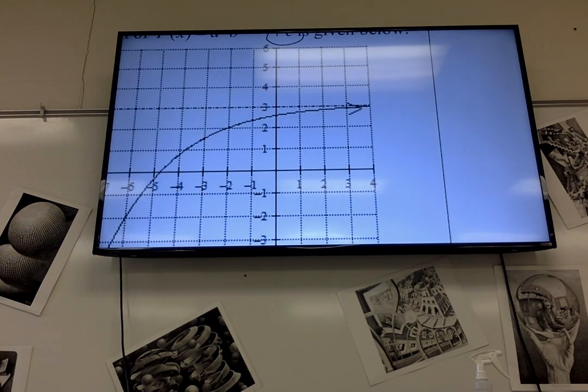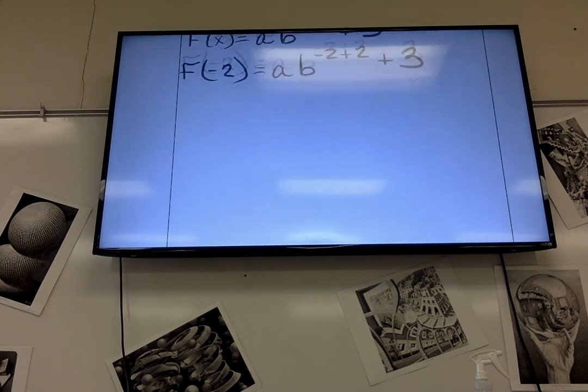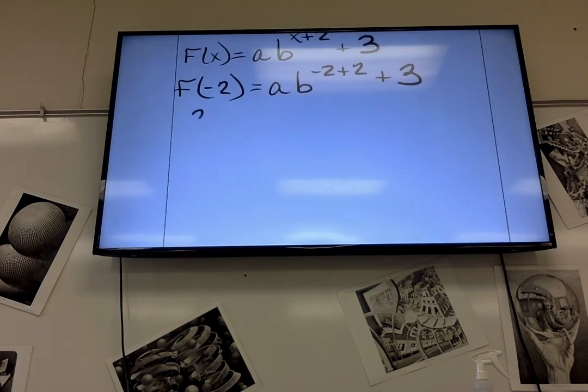f of negative 2 is right there at 2. So this is 2 equals a times b to the 0, which is 1, plus 3. So what's a?